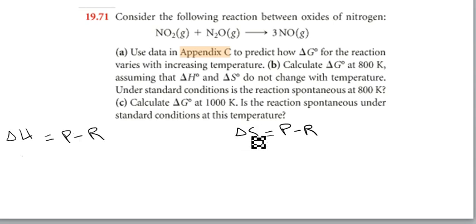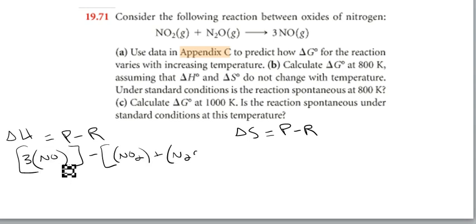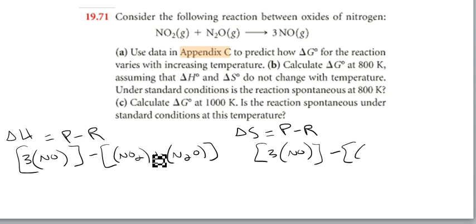So we're going to do 3 times whatever NO's heat of formation is minus whatever NO2 is plus whatever N2O is, for delta H. And then the same for delta S's. We're going to do 3 times whatever NO's entropy value is minus whatever NO2 is plus whatever N2O is.